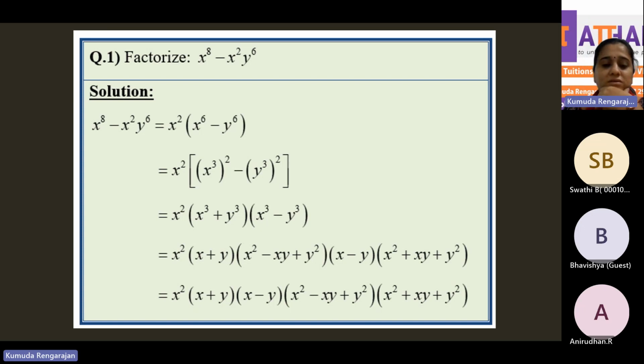The last step, I've just arranged the factors. I've written this one first, then this one, then this one. I've just arranged it.